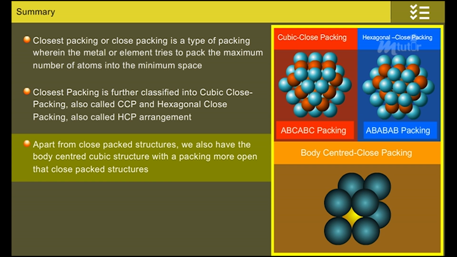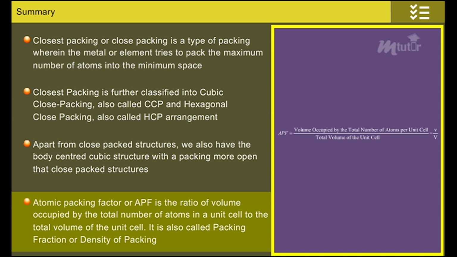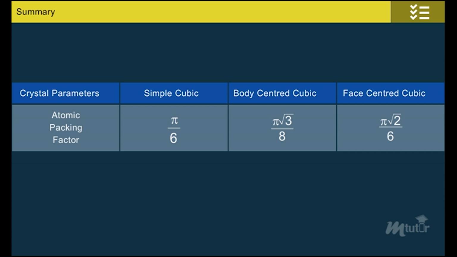Atomic packing factor or APF is the ratio of volume occupied by the total number of atoms in a unit cell to the total volume of the unit cell. It is also called packing fraction or density of packing. In the case of a simple cubic lattice, the packing factor is equal to pi by 6.